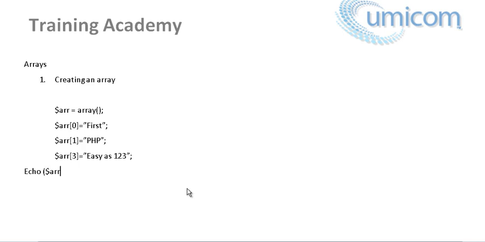We can say $array 0, and then $array 1, and then $array 2, and these are the 3 elements. Then we just close the bracket and semicolon, and that will print out as a string: first PHP easy as 1, 2, 3 as one string, because it concatenates using the dot, the full stop, as you can see here.